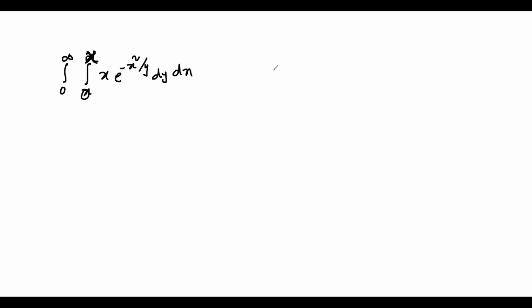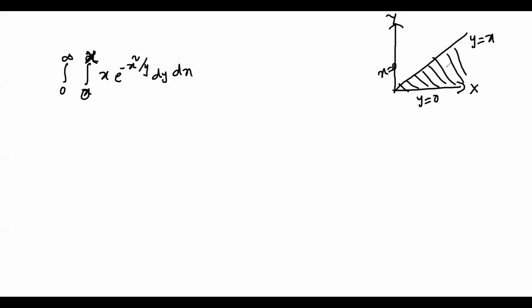Can you try on your own? Here I'll tell you the reason. On the x-axis, y-axis, y is equal to x. So here y is equal to 0 and x is equal to 0. So this area will come. Fine. Can you try?